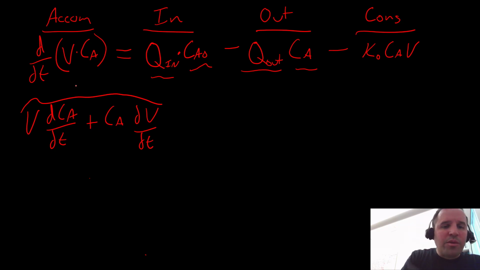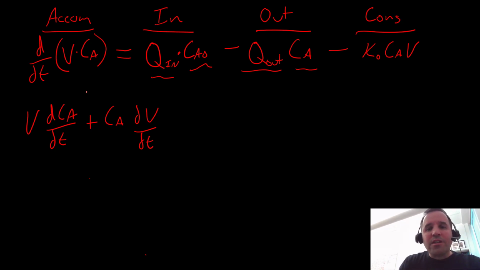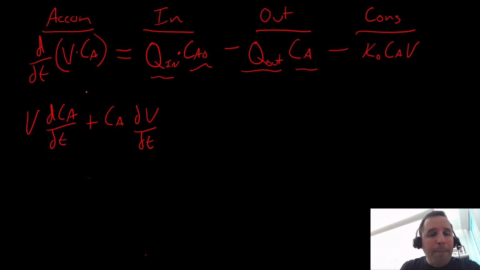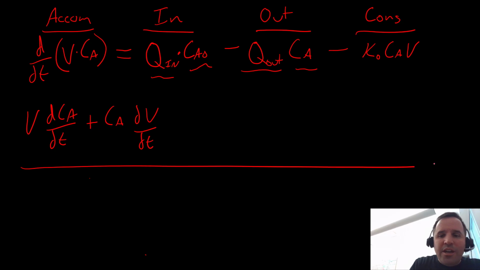So now we're left with this quantity on the left-hand side, which still equals everything that's on the right-hand side. What I would do is take the left-hand side and solve that explicitly for dCA dt. I'm going to skip some steps algebraically here, but you can go through this a little more slowly on your own if you would like.